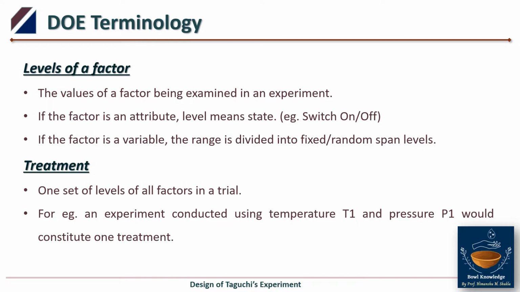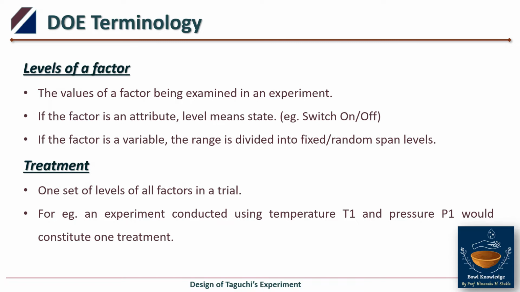Then next is treatment. One set of levels of all factors in a trial. So if I have 4 factors, the level of the first factor is 1, the level of the second factor is 2, the level of the third factor is 3, and the level of the fourth factor is again 1. So this one row of the table, one level of every factor.